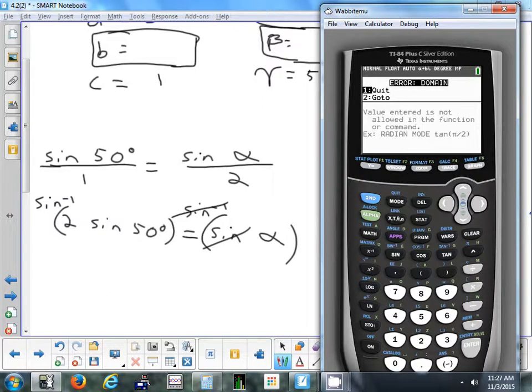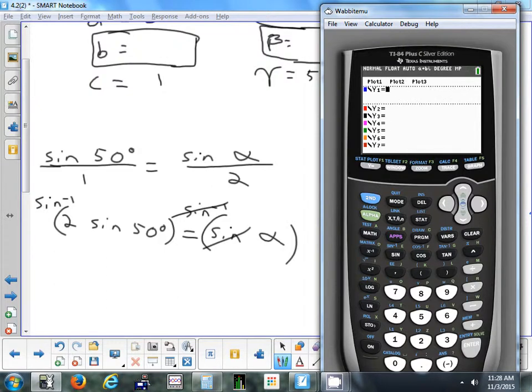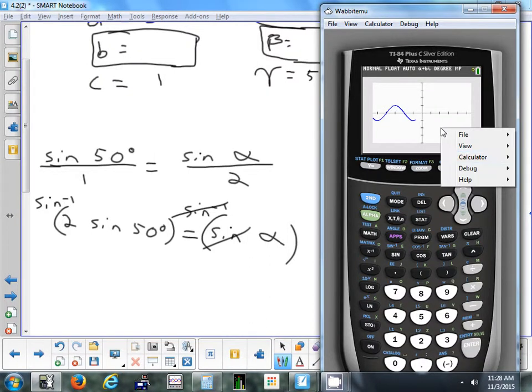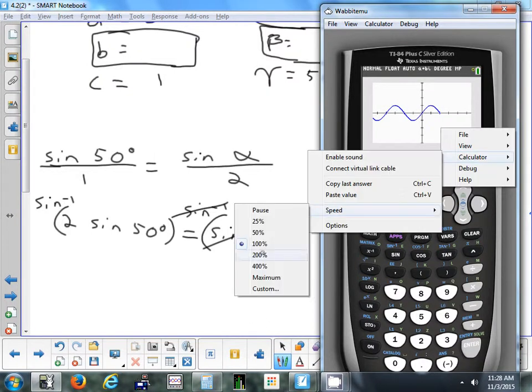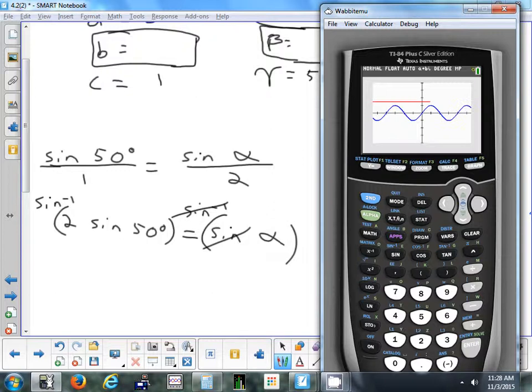It says error. Okay, domain. What you're basically trying to figure out, here's sine, here's 1.53. We're asking where these two graphs cross each other. Well, if I graph them, they don't.